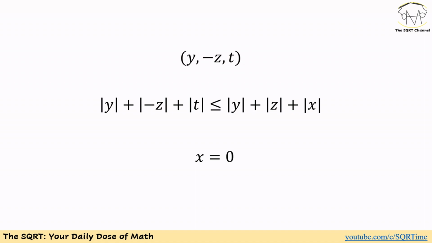However, here as you can see, if y, minus z, and t is an answer, then we will end up with the inequality that you are seeing here. The inequality holds because on both sides we have y and z, and on the left hand side we have t, and on the right hand side we have x. And we know that x was 2 times t for an integer value of t and x.